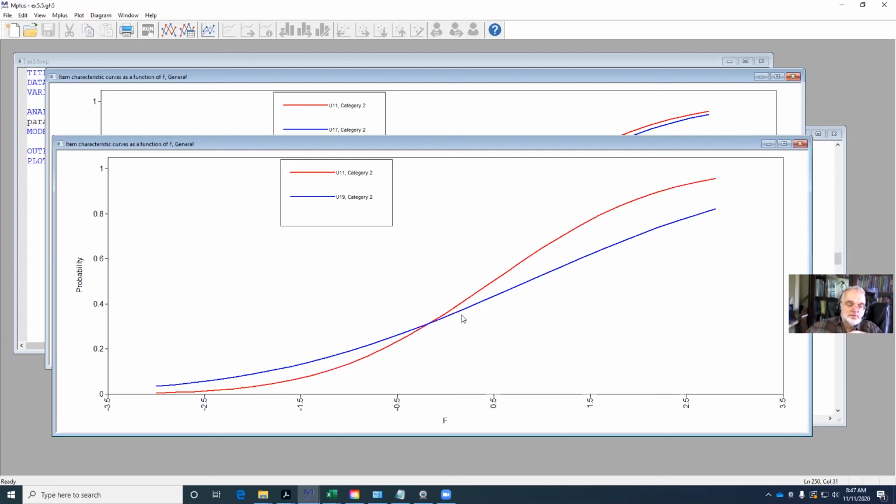By tradition, a lot of IRT works off of the probit link function, but there's nothing to stop you from doing the logit function as well. And conceptually, maybe logits are a little bit nicer in clinical psychology, where the manifest variable might be a symptom that you either have or don't have, and you're interested in knowing something about the latent variable of, say, psychopathology like depression. But in terms of the math, it's the same stuff.